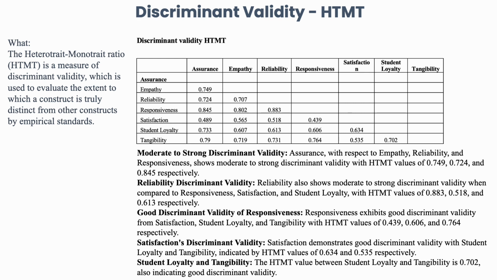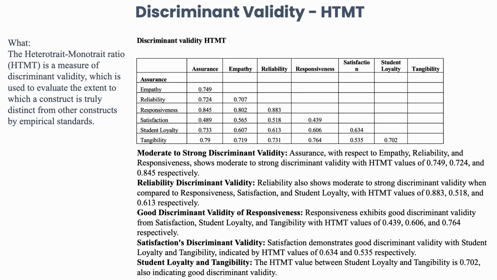The HTMT values for responsiveness to satisfaction, responsiveness to student loyalty, and responsiveness to tangibility are 0.439, 0.606, and 0.764 respectively. These values indicate that responsiveness has good discriminant validity from these constructs.